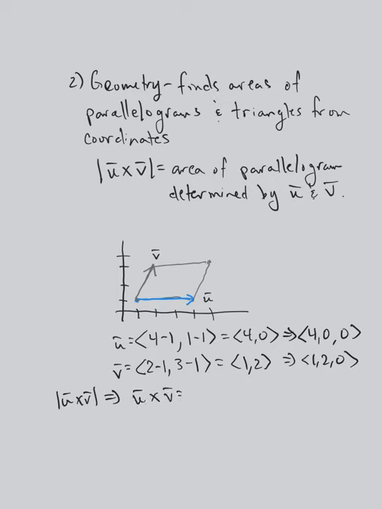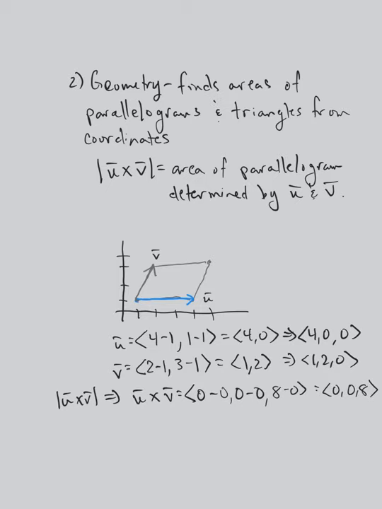You might want to pause and see if you can get this cross product. For my x coordinate, I'm going to have 0 minus 0, and for my y coordinate, 0 minus 0 as well. And for my z coordinate, I'm going to have 8 minus 0. So I get (0, 0, 8).